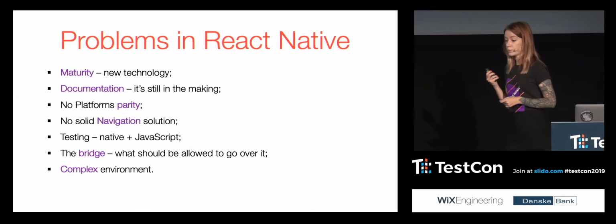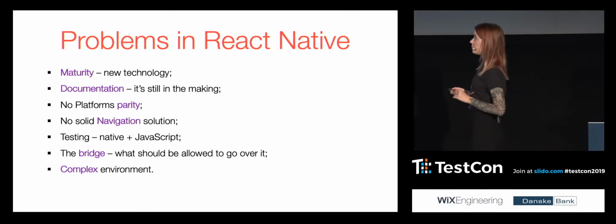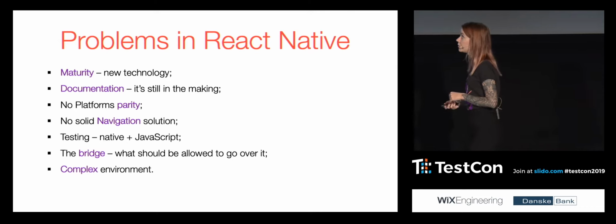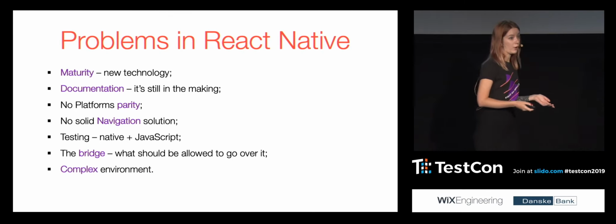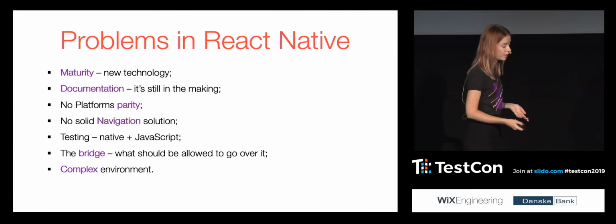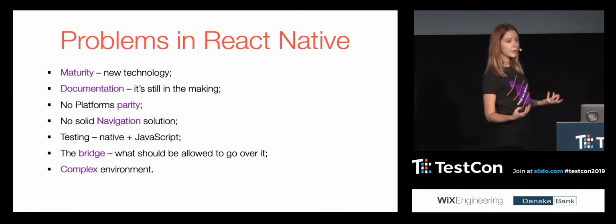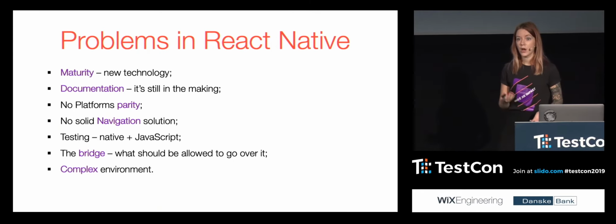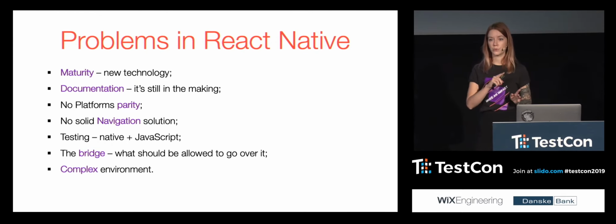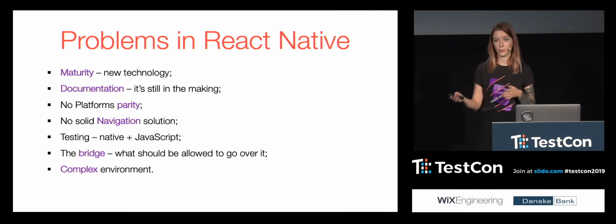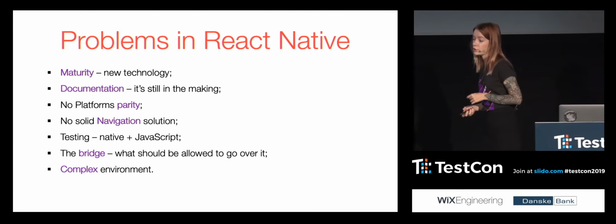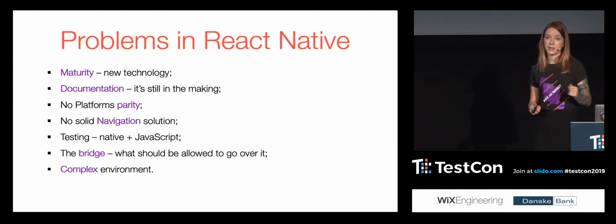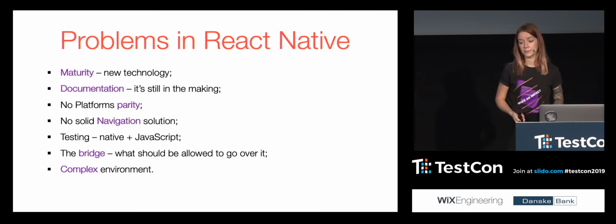Also, there will probably be no platforms parity anytime in the future because iOS and Android are always going to have their differences, and we can compare even such a simple thing as navigation, where on iOS you would swipe screen from one side to the other to navigate to previous screen, and on Android you usually have dedicated native button for that.